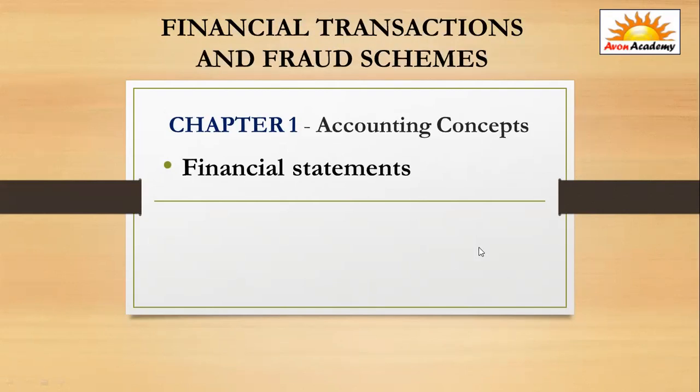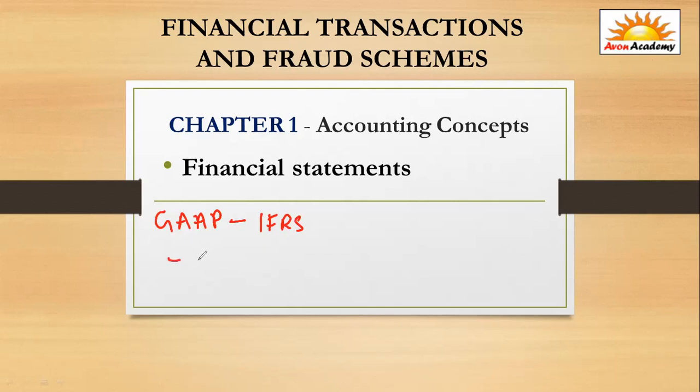Next we are talking about financial statements, as per the GAAP, generally accepted accounting principles, and also the IFRS, International Financial Reporting Standards. What are the statements that you need to prepare?